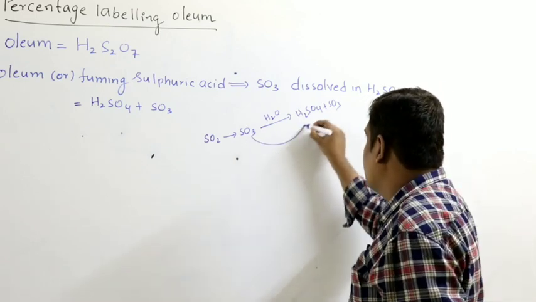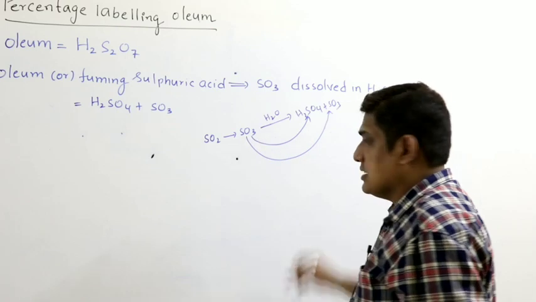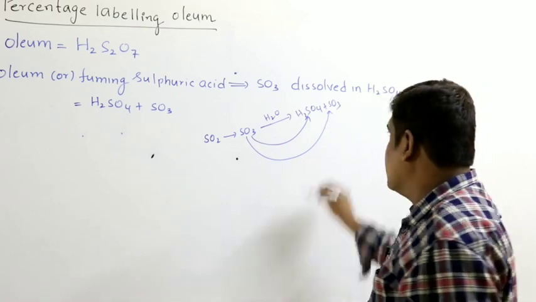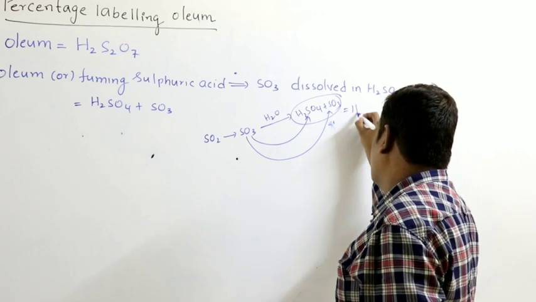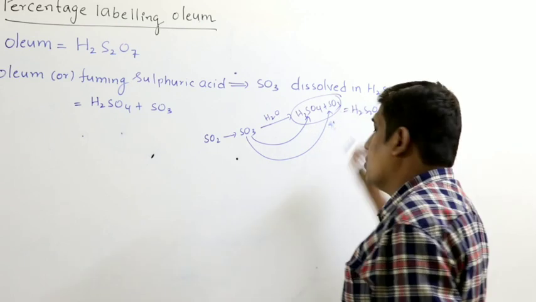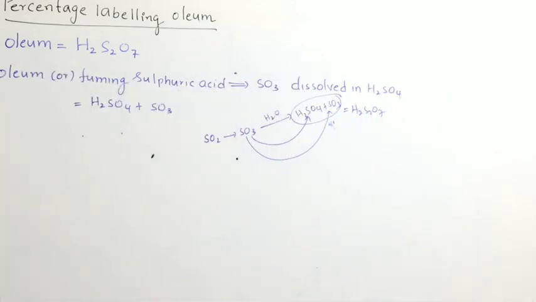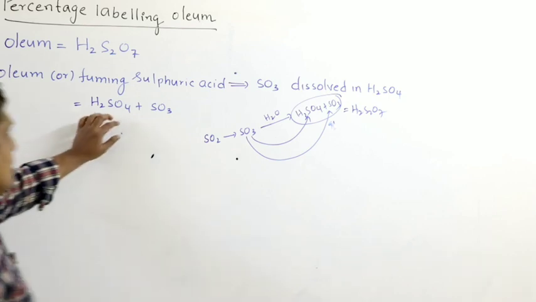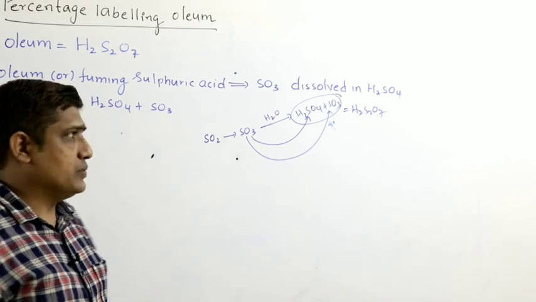Some part is converted into H2SO4, the unreacted part remains as such. The mixture of these two, which we call oleum, H2S2O7. So H2S2O7 is nothing but a mixture of sulfuric acid formed and unreacted SO3.